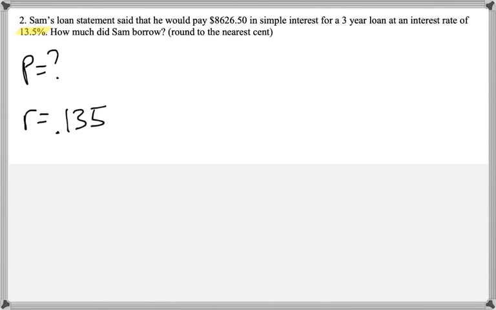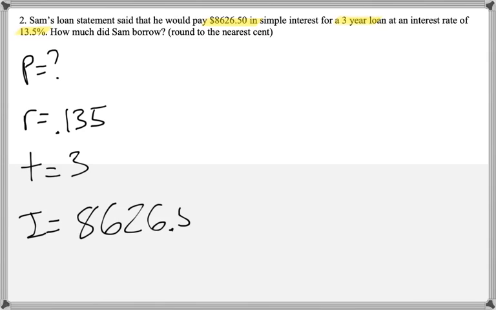I know my time is 3, and I know that my interest is $8,626.50. So I need to plug these values into my formula.